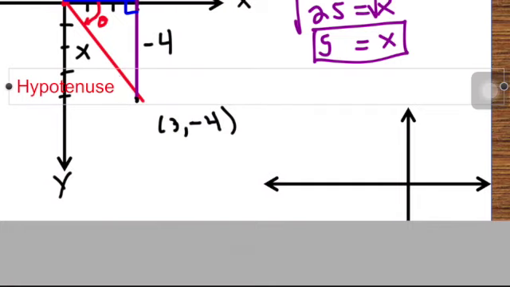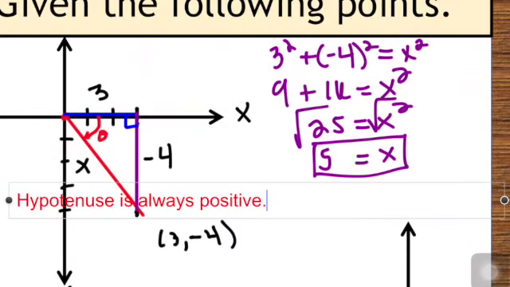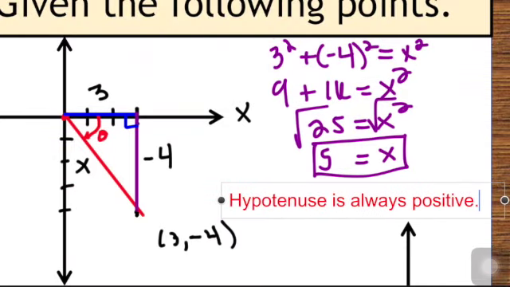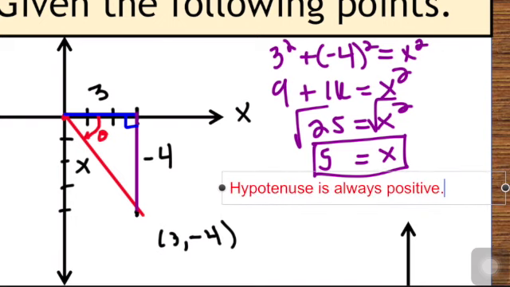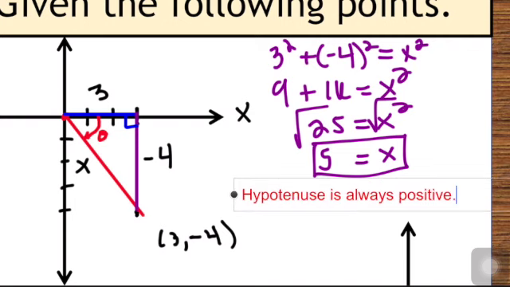Hypotenuse is always positive. It's always going to be positive. Definitely a good note, definitely a good thing to keep in mind. Let's make that a little bit smaller. But there it is. Perfect. Hypotenuse is always going to be positive.